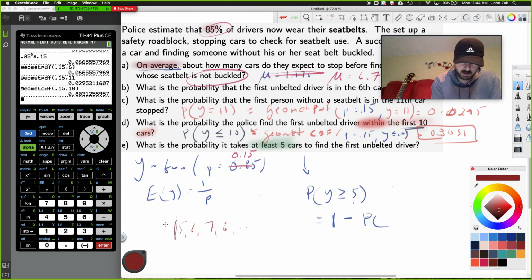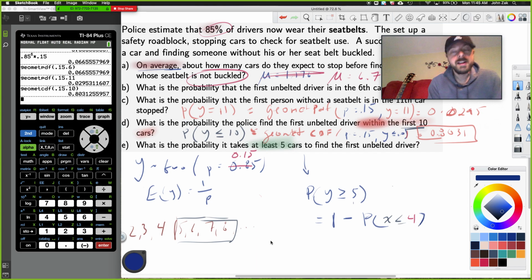Here's 4, 3, 2, etc. We want to get rid of everything that's 4 and lower. So this would be 1 minus the probability that X is less than or equal to 4. Just remember that we have to convert like this.